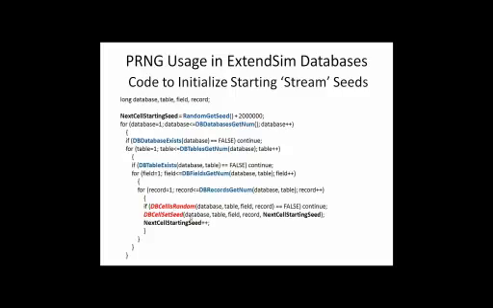But the net result is that when this code is run, we initialize the starting seed for every cell in the database that has a random distribution defined. So that's essentially done using this code. The question now is, when is that done?